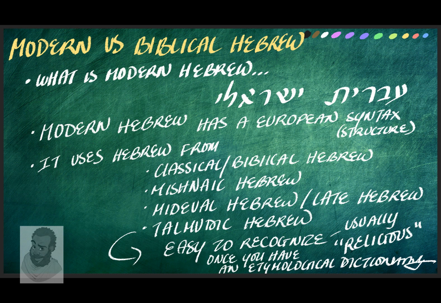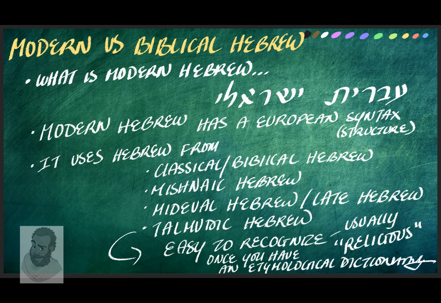Now, modern Hebrew has a European syntax, and syntax is the structure of the language, right? Biblical Hebrew is different in syntax. It's more Shemitic. Modern Hebrew uses Hebrew from classical, biblical Hebrew, Mishnaic Hebrew, medieval Hebrew, late Hebrew, Talmudic Hebrew, and yes, I know, very concerning.